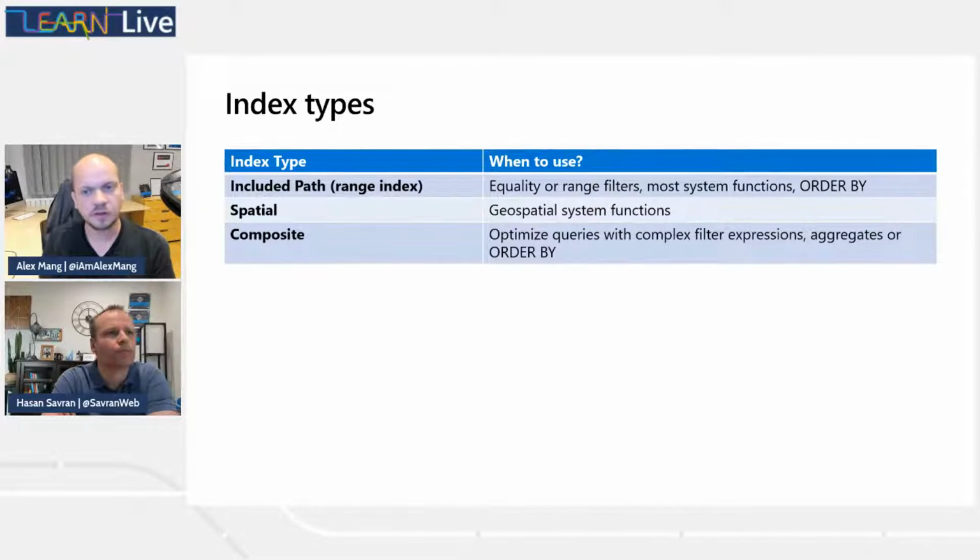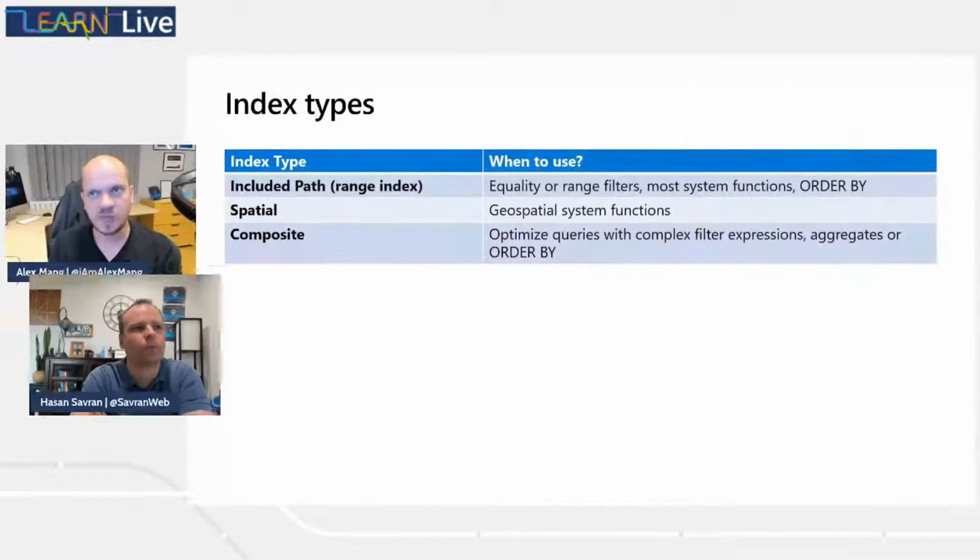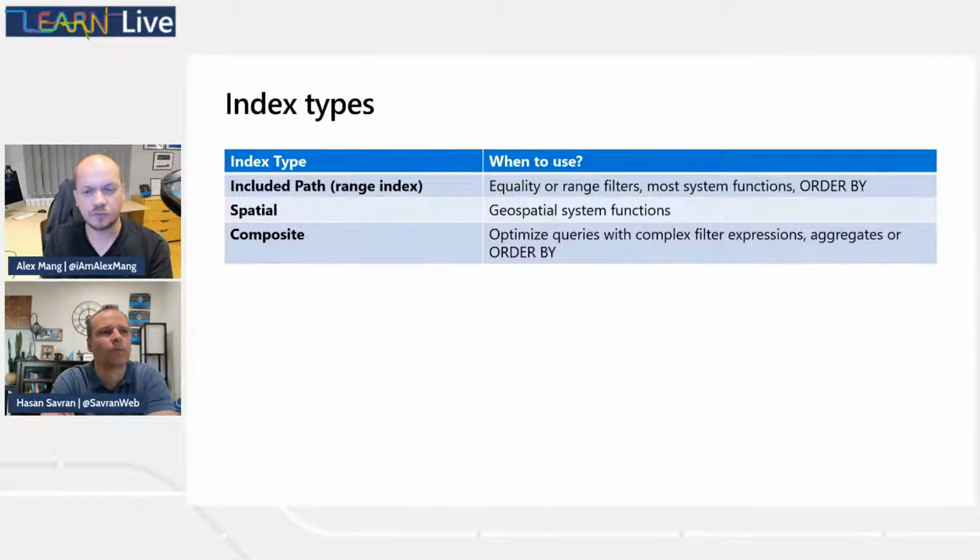Range filters and equality filters: an equality filter is A equals X, whatever value, and a range filter is X larger than some other value, right? They both get covered by the same type of index, the so-called included path, aka a range index. That's super simple and straightforward for most of the queries and scenarios that we can work with.